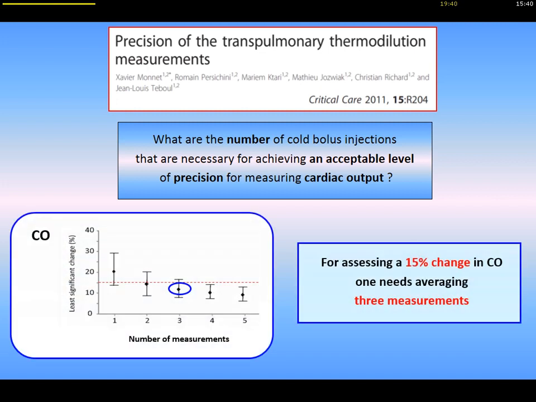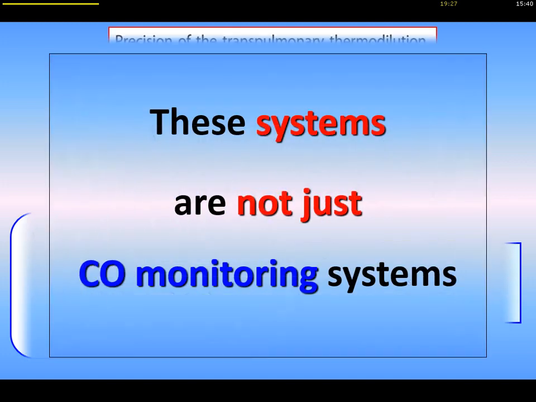And finally, we found that we need three boluses of 15 ml to be injected to have a sufficient precision.